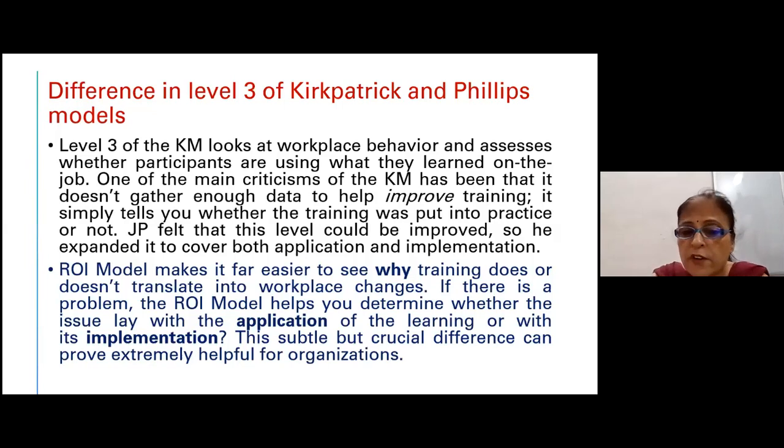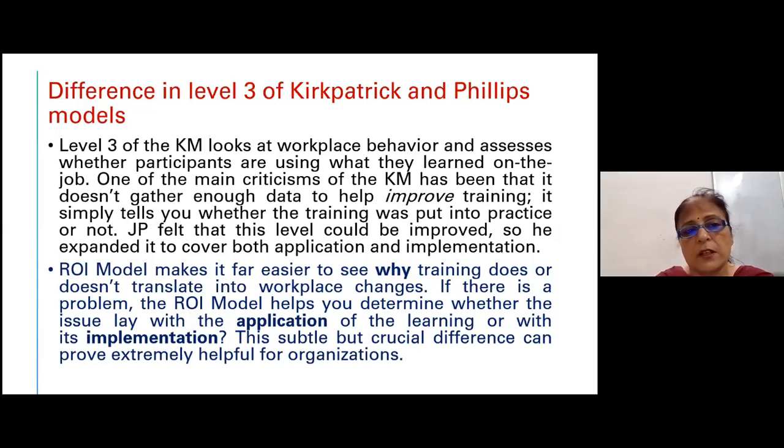They had an older version, so they could not apply the learning there. That could be a problem, or with its implementation. So this subtle but crucial difference can prove extremely helpful for organizations.